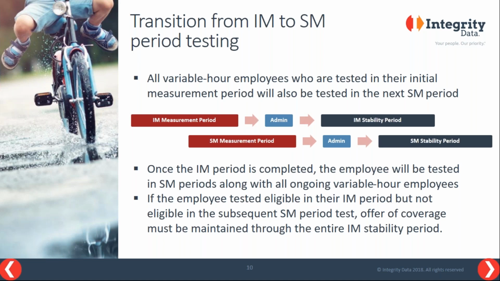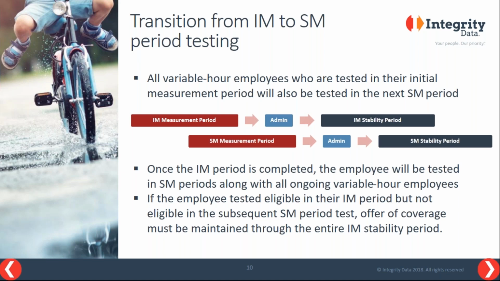Even if the employee does not test eligible in their first complete standard measurement period, if they had previously tested eligible in their initial measurement period, the employer must honor the stability period associated with the initial measurement period test. This means that companies have an added burden of managing stability periods and knowing when each employee will exhaust their eligibility.